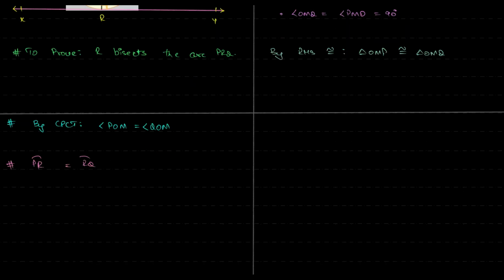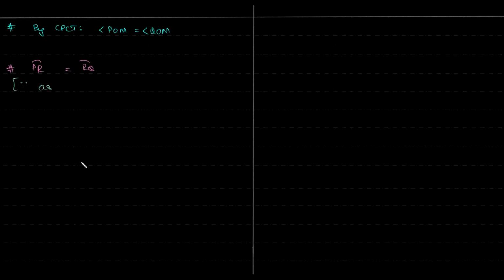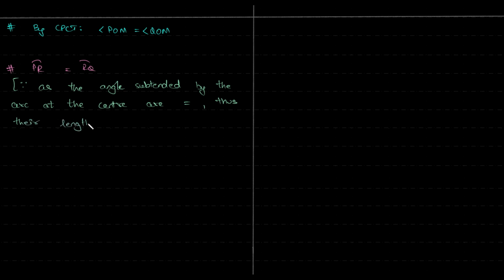Because now we have to write a big line of reasoning, that is, as the angles subtended by the arc at the center are equal, thus their lengths are equal. That's it.